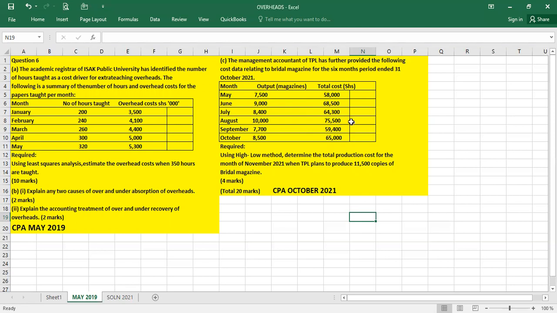If you find that the total fixed cost within the total cost is not constant, then it means you can't apply the high-low method. So we are going to be looking at this.